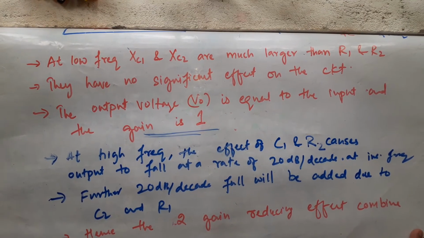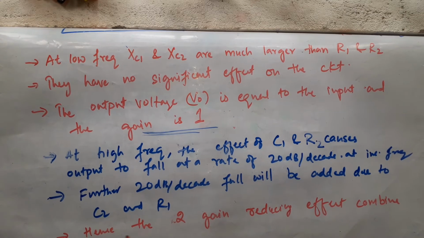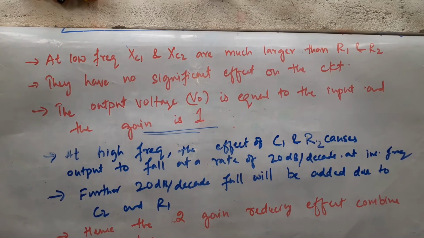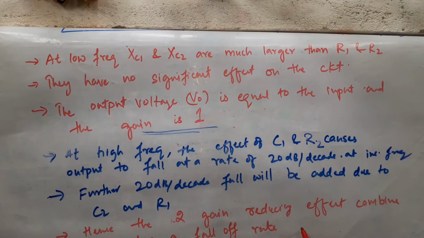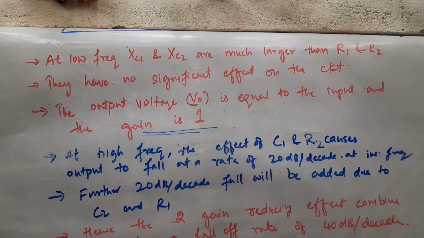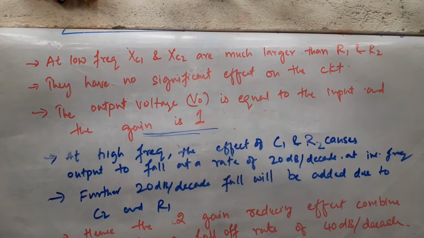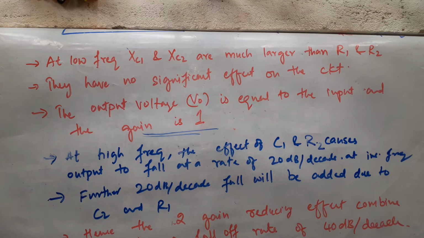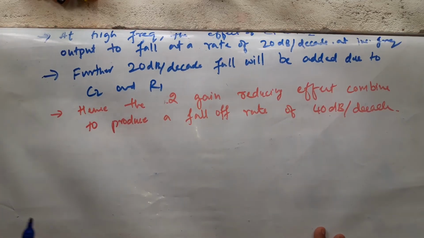So 20 plus 20 will combine together to produce a total of 40, right? A fall at a rate of 40 dB per decade. Let us see the design.